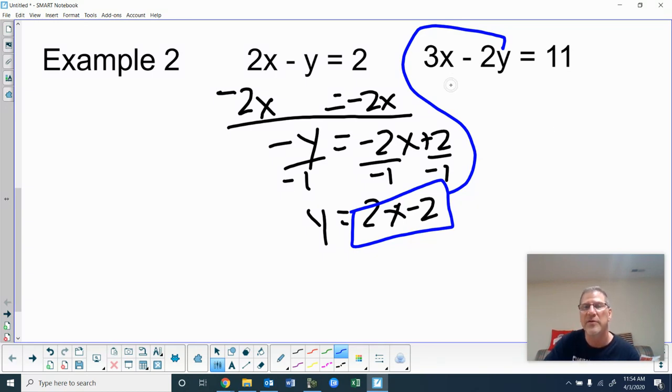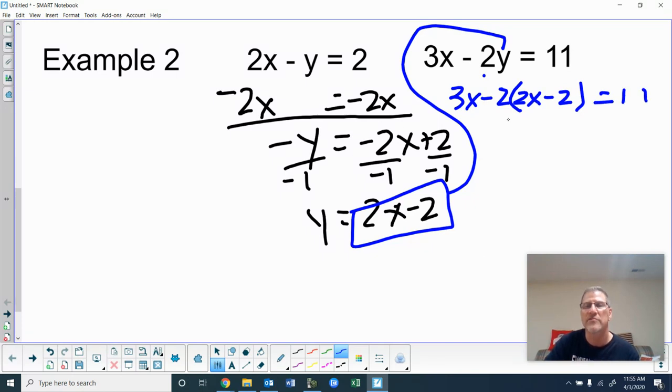So this would be 3x minus 2, and then in place of the y, substitute the 2x minus 2. Nothing else changes, equals 11.